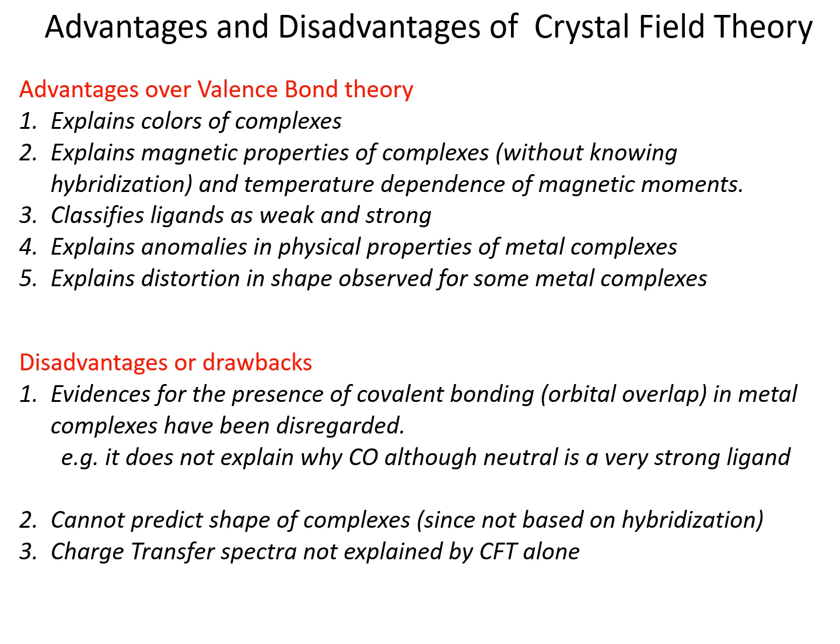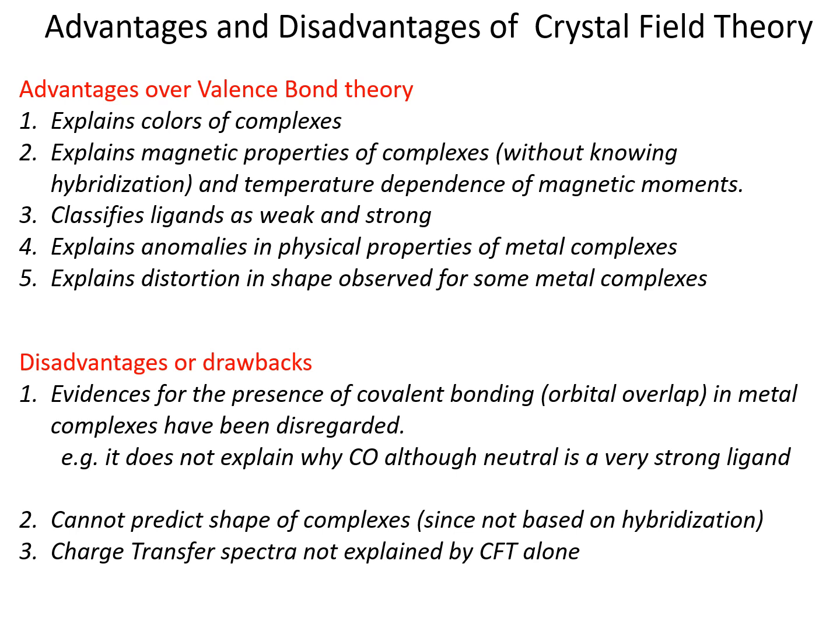Let us see some of the advantages and disadvantages of crystal field theory. The advantages mainly include: it explains the color of the complex and magnetic properties, it classifies ligands as weak and strong, it explains the difference in physical properties of metal complexes, and it explains very well the distortion in shape observed for some metal complexes.